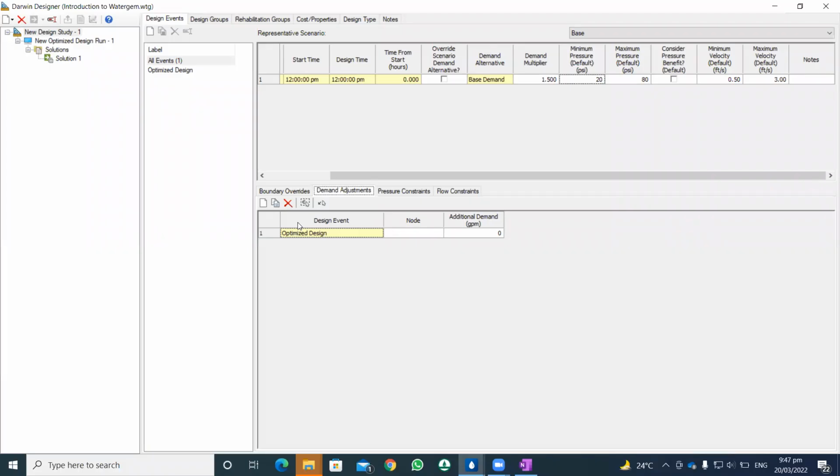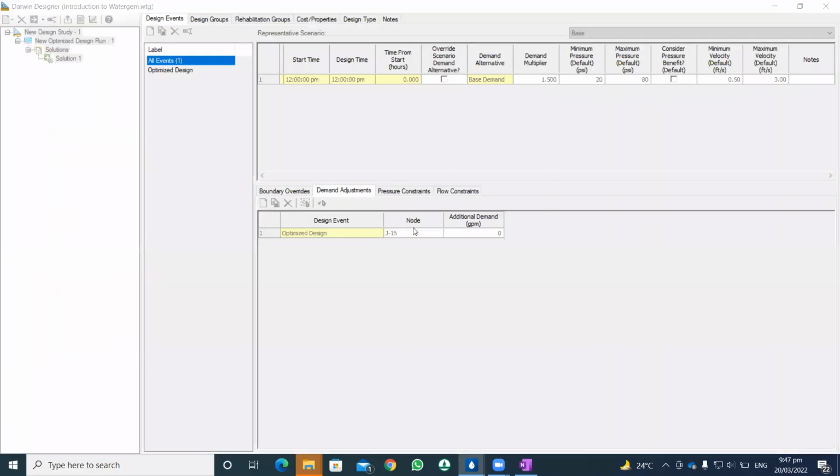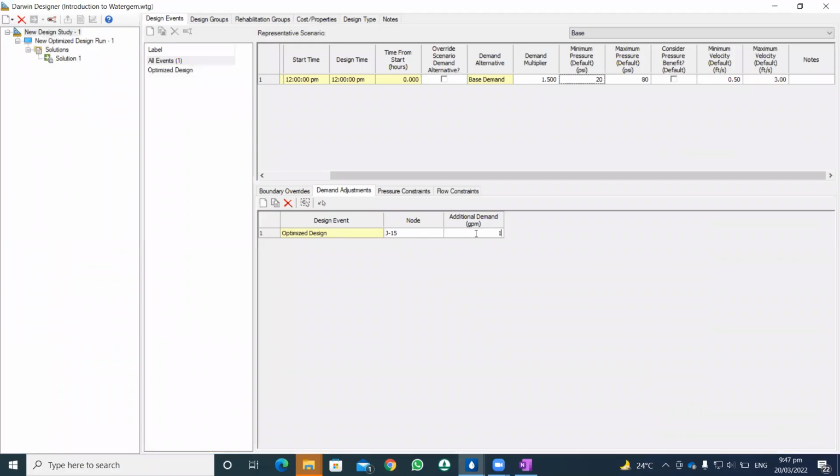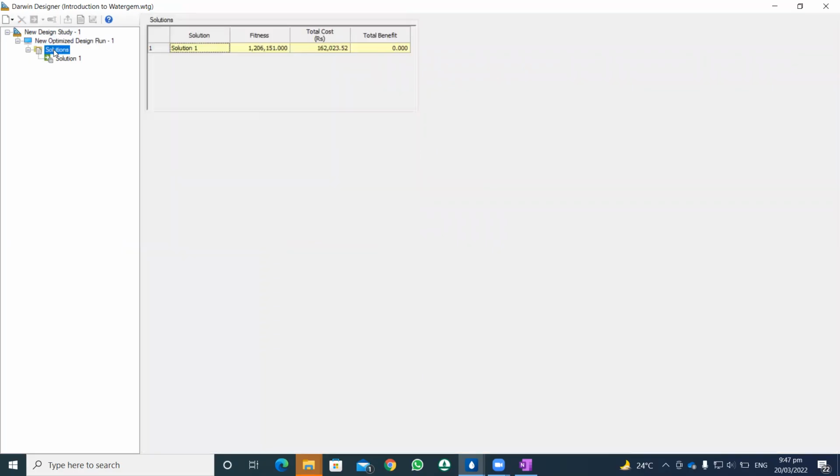So if you know about these specific nodes, you can design additional demand for them, or you can also design additional demand at specific nodes based on your choice or your network. So here I'm just giving a fire demand to that node of 1000 GPM. Based on that, I want to calculate the optimizer run.